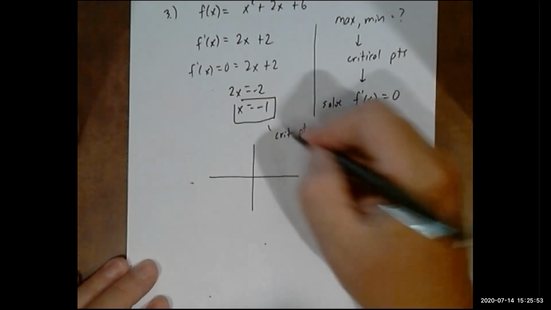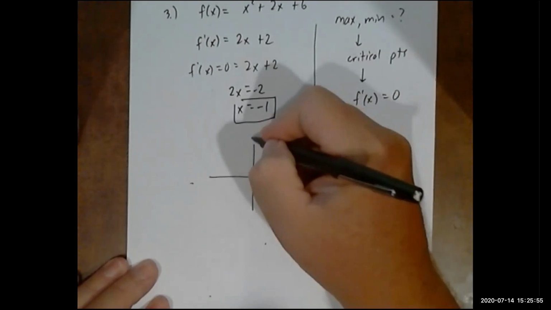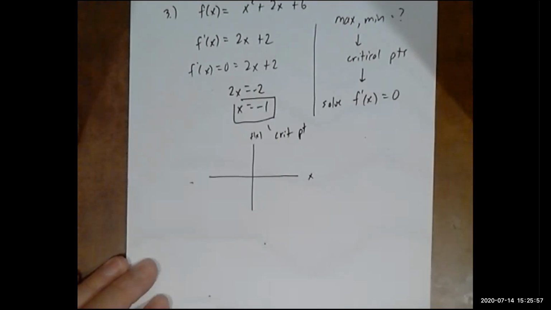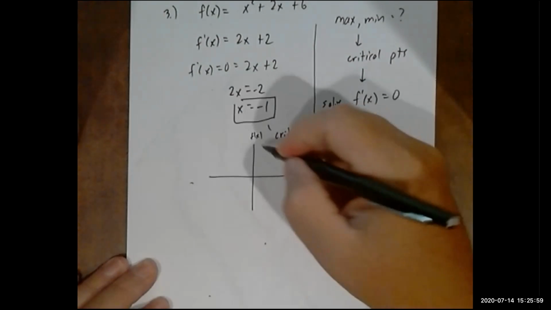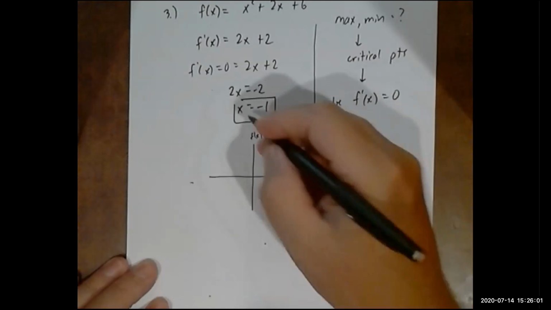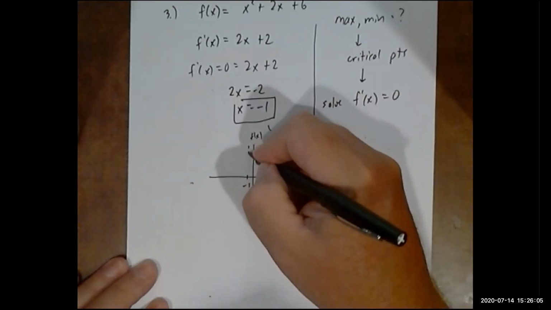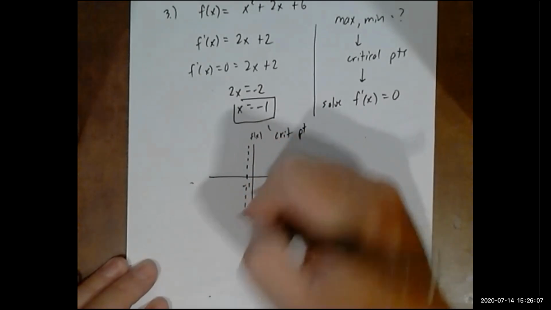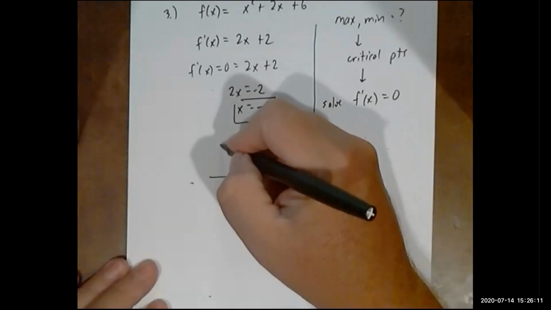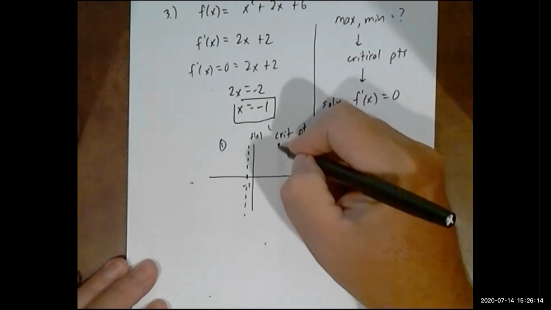What I do is I think of this as my graph of my function, and I go to -1 on x, and I draw a dashed vertical line. Because what I'm going to do is break this up into 2 regions.